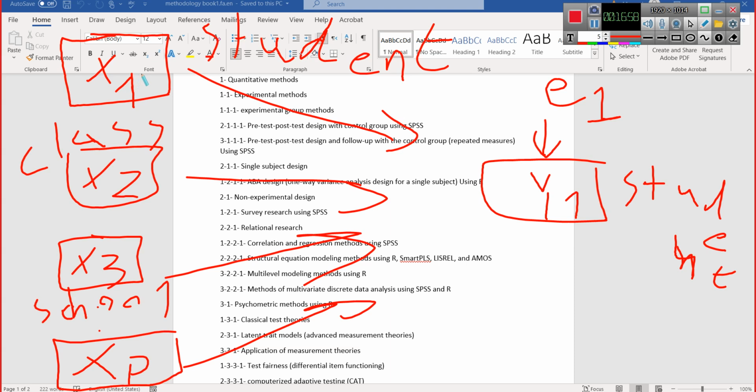But in the traditional multi-regression model, the predictor variables are from a single source. It may be confined to the student level, or the teacher level, or school level.